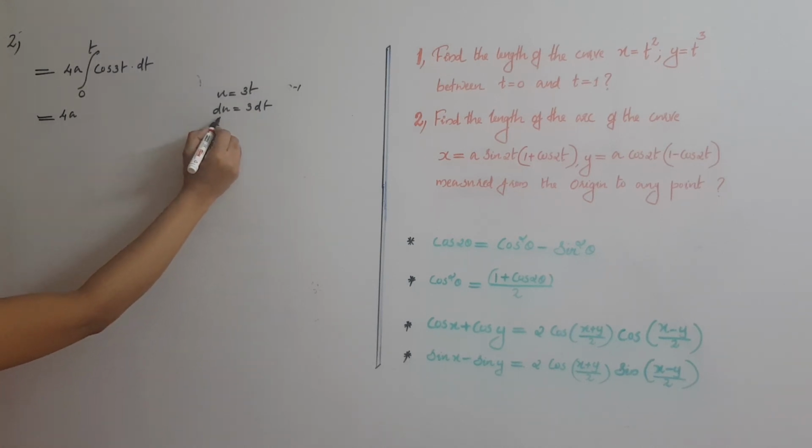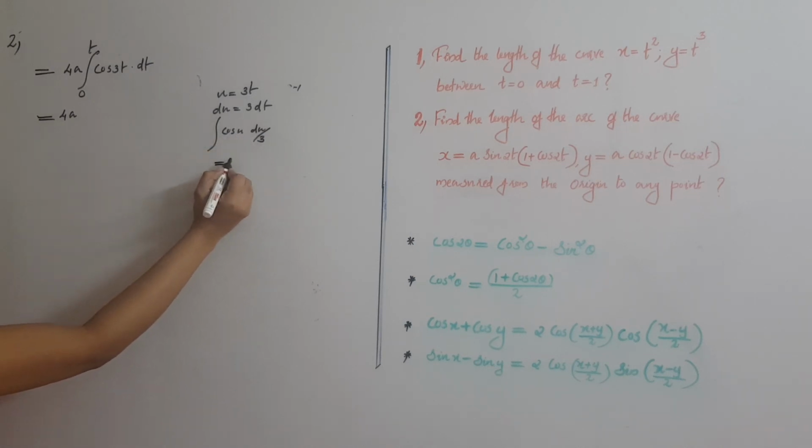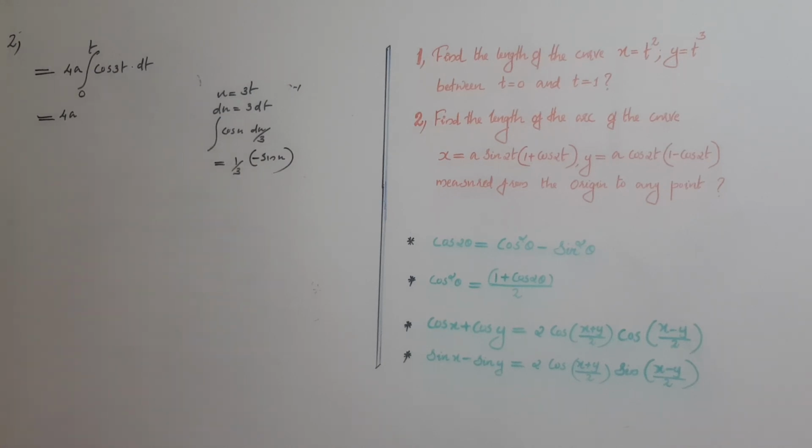Now the given integral becomes integral cos u into dt, that is du divided by 3, is equal to 1 by 3 into integral cos u. Integral cos u is minus sin u. Sorry, integral cos u is plus sin u.